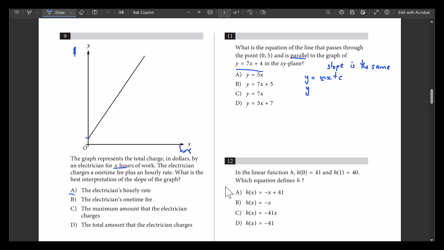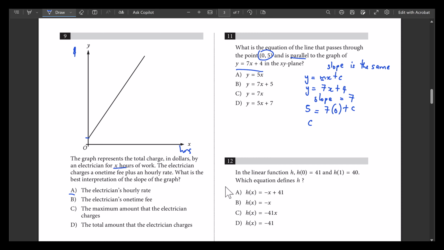And from what we're given, we have y is equal to 7x plus 4. Hence, the slope for this graph is equal to 7. Now, substituting the coordinates 0, 5 that were given, we get 5 is equal to 7, the slope multiplied by 0, which we have as our x coordinate, plus c.